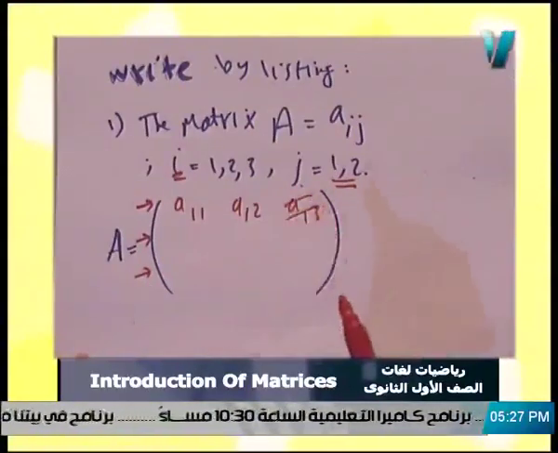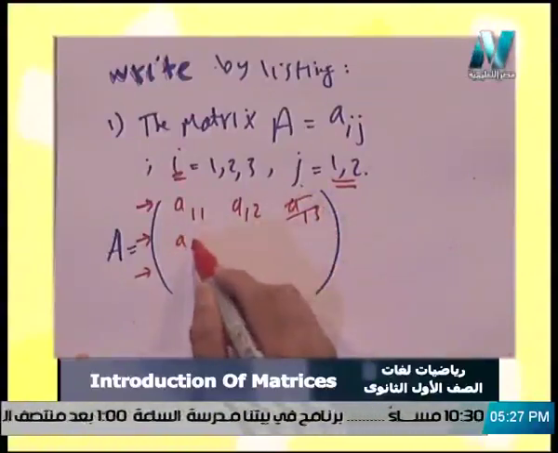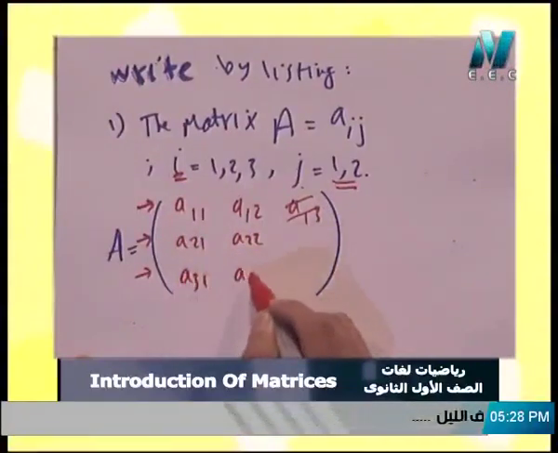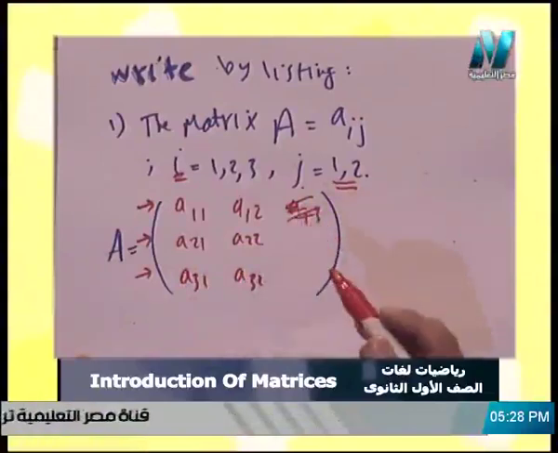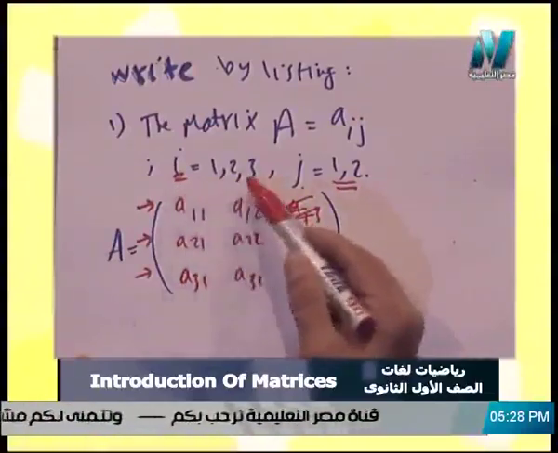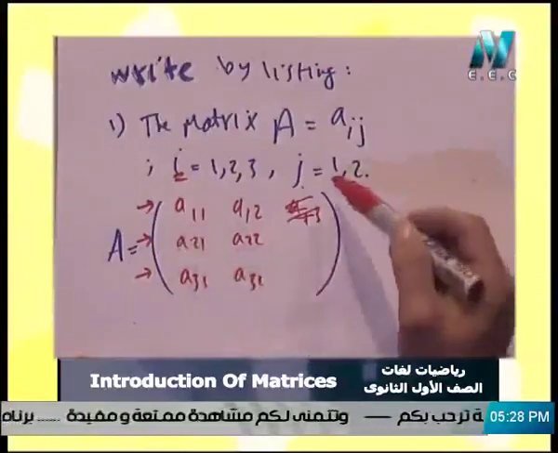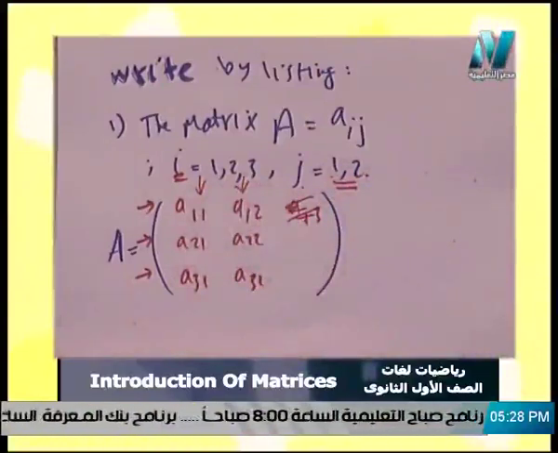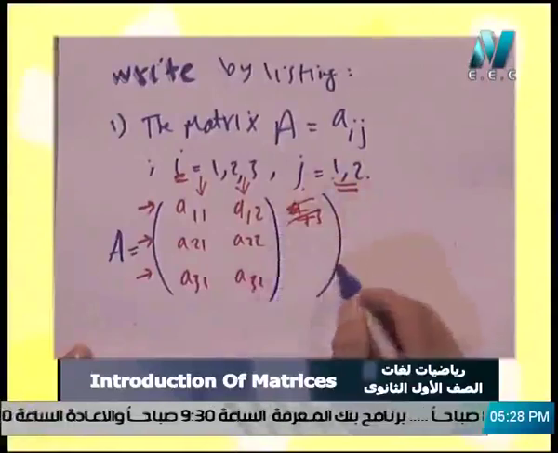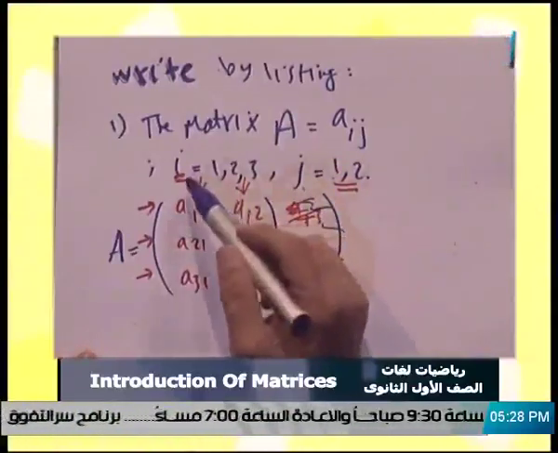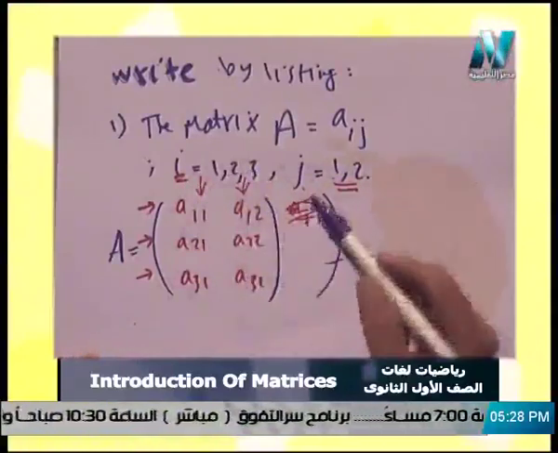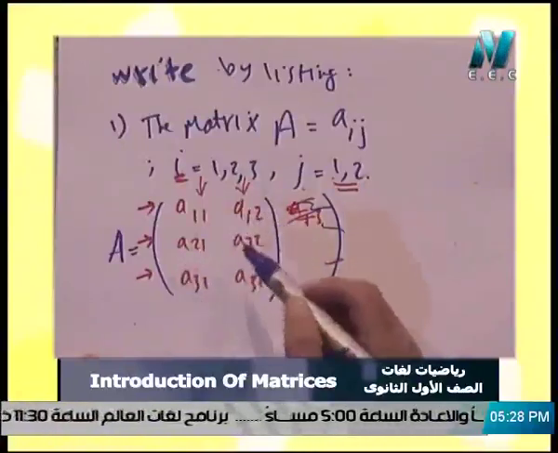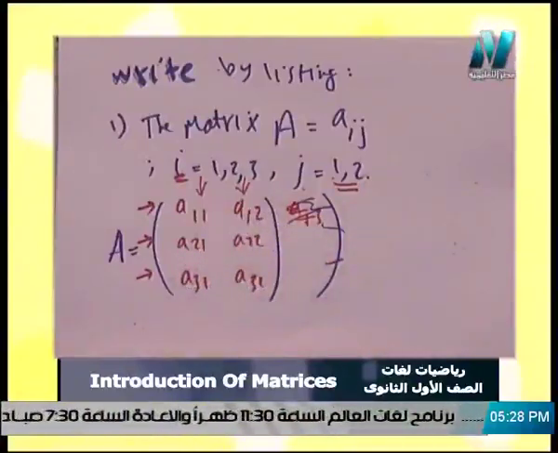So we will write a11, a12, a21, a22, a31, a32. Why did we cancel that? We cancelled that because we have 3 rows here and only 2 columns, the first column and the second column. So it will be only this matrix. So if we have i = 1, 2, 3 and j = 1, 2, we write a11, a12, a21, a22, a31, a32.